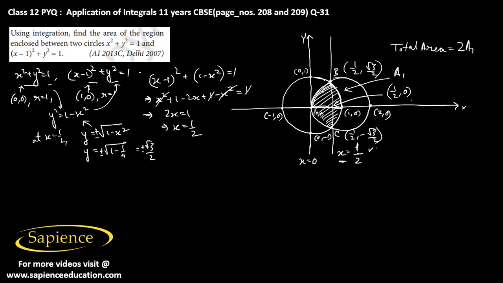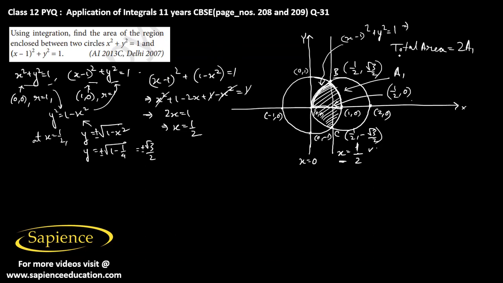Now for this part, the curve is having a different equation, and for this part the curve is having a different equation. So for this part, the equation of the curve is the second circle, which is x minus 1 whole square plus y square equals to 1.